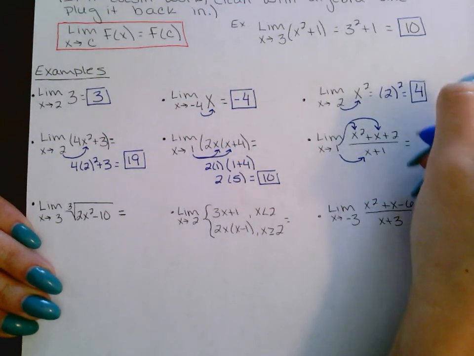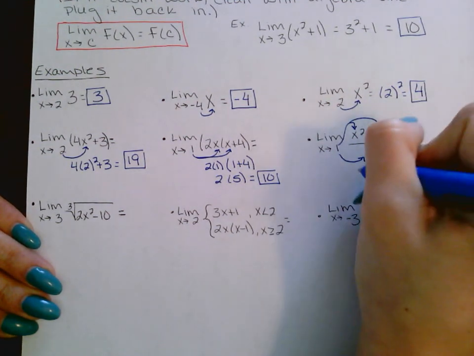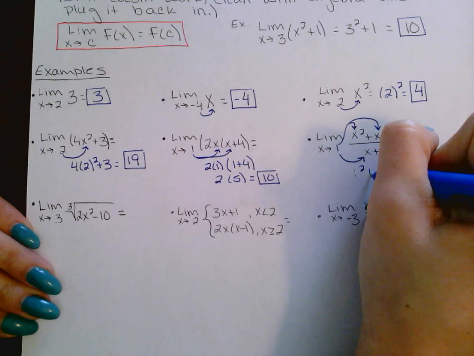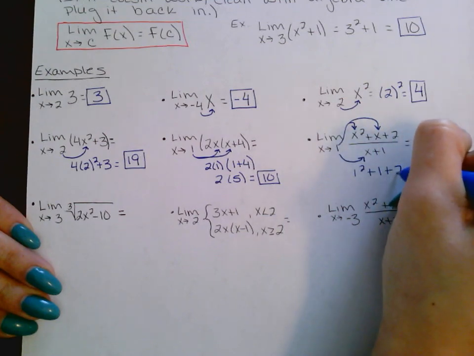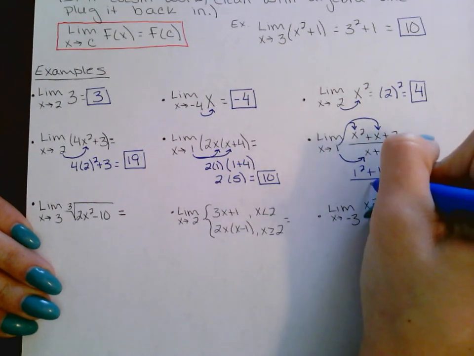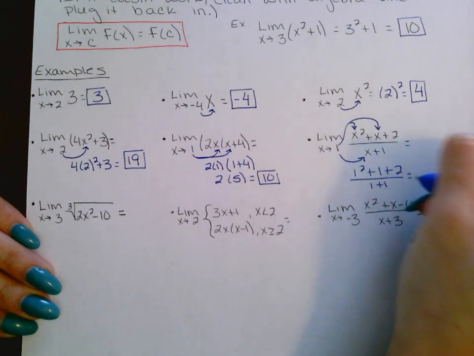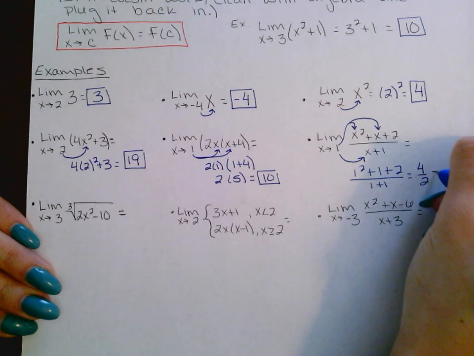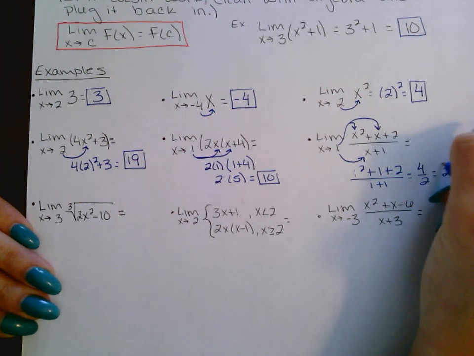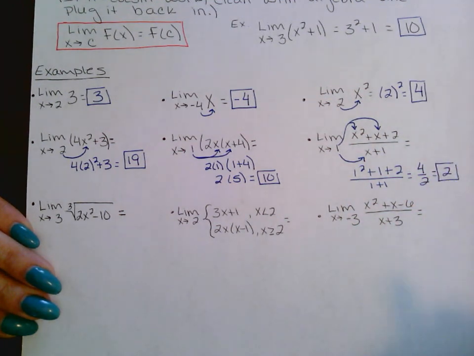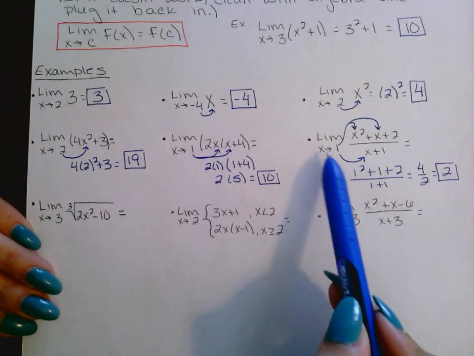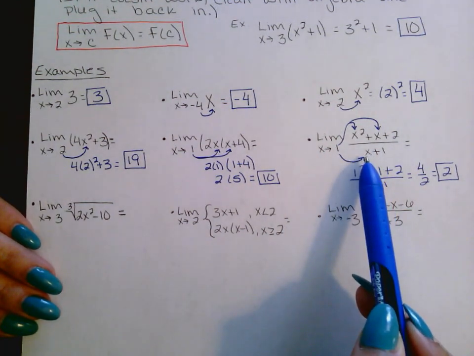Okay. So I have 1 squared plus 1 plus 2 over 1 plus 1. So you should end up getting 4 over 2, which equals 2. Now I know in the past videos you were kind of used to fractions not working out, but that's only if the denominator gives you 0.